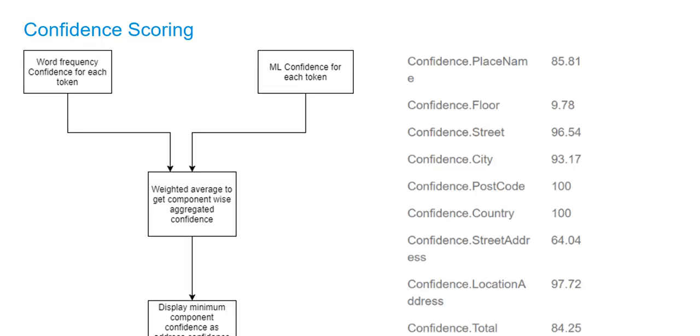What word frequency confidence gave us was the probability of occurrence of that token in a particular field. That confidence is combined with the ML confidence. ML confidence was basically the distance of the point from the hyperplane.